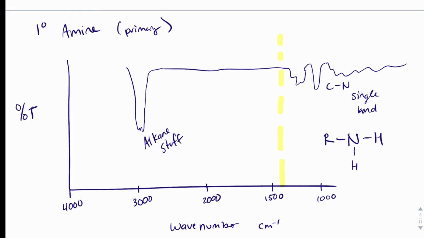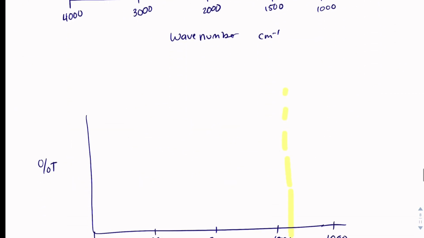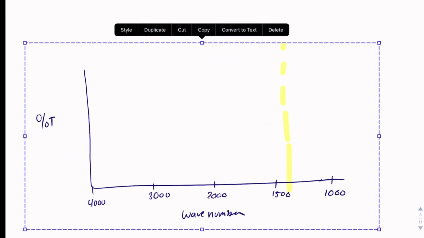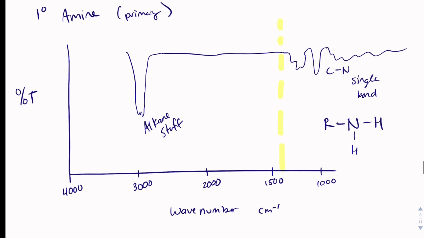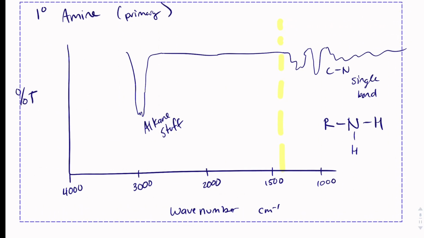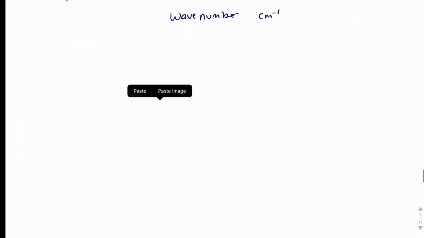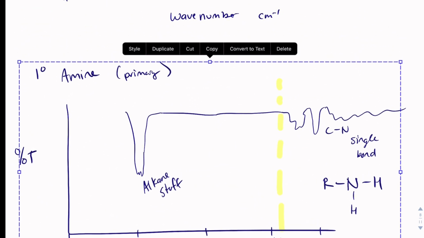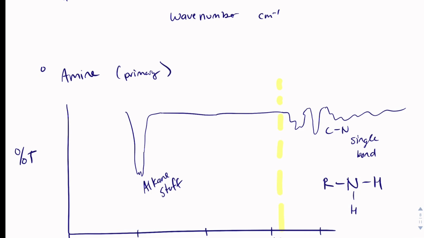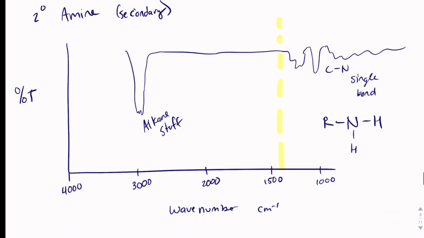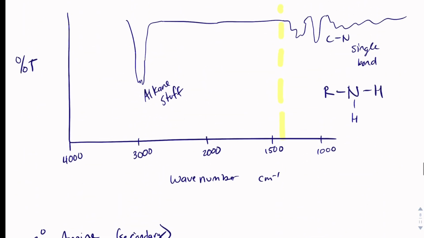And I'm going to copy and paste this actually because I want to show you how it's different. So take a second and draw your last one. It's going to look exactly the same as this right now, but I'm going to change one thing. So I'm just going to draw that below there. Instead of it being primary, I'm going to change it to secondary. And a secondary amine, it's not NH2, but it's only NH, so we have two R groups. And here's where things get different.